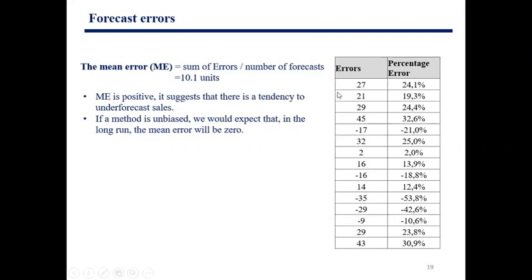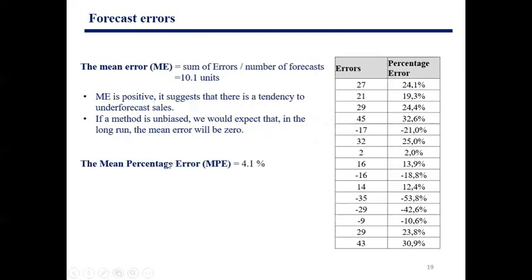It means we can sometimes under forecast, and in some periods also over forecast, but in the long run, the mean error will be 0. So in this case, we will say that there is no bias in our forecasts. Of course, when we say in the long run, we need to have a big number of periods. Here we have 15, so it's a little bit difficult to have a mean error near 0.